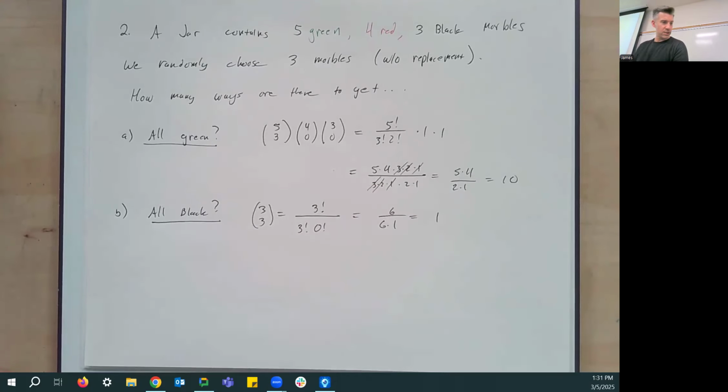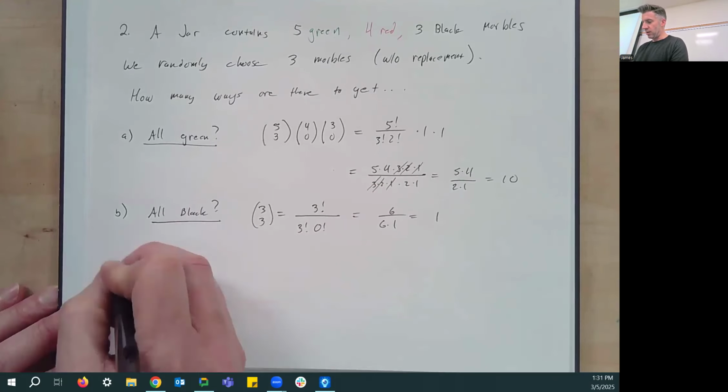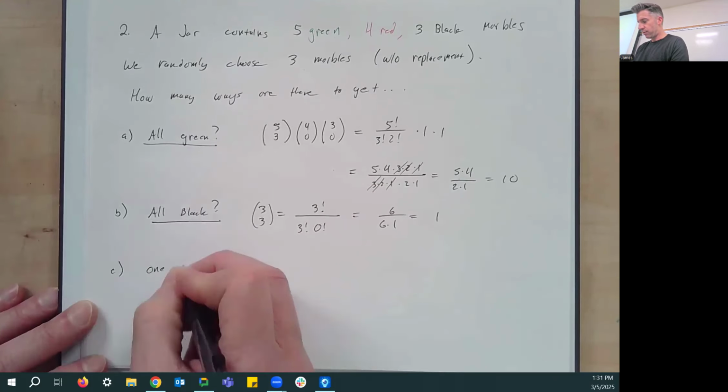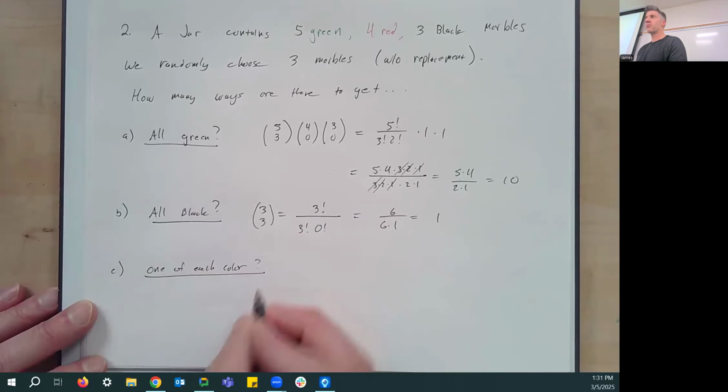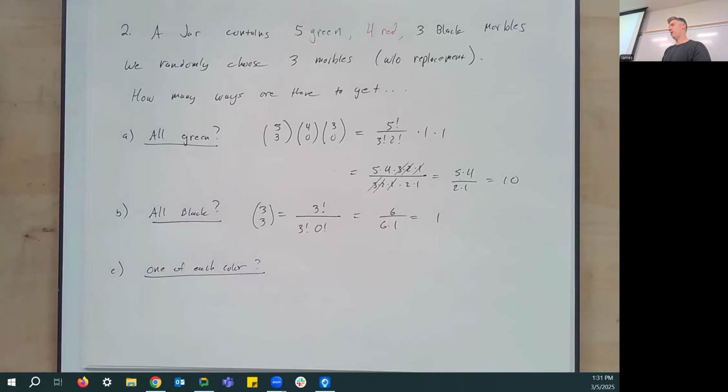More interesting questions. How many ways can we get 1 of each color? Well, how many ways are there of picking 1 green marble? How many green marbles are there? So there's 5 different ways I can pick a green one.